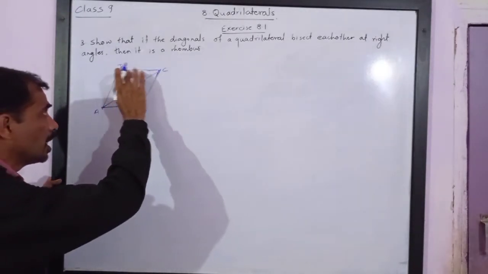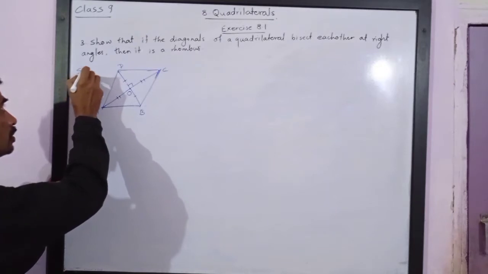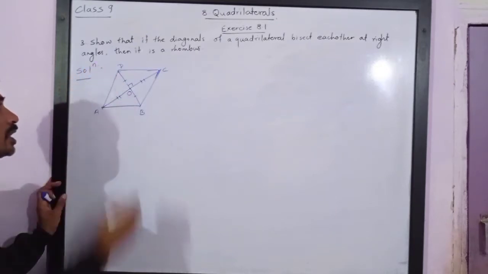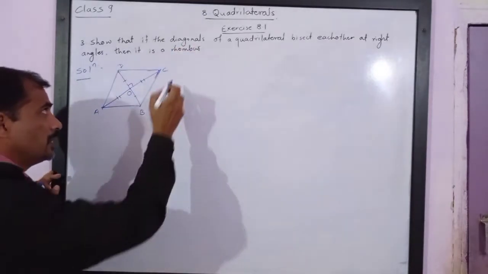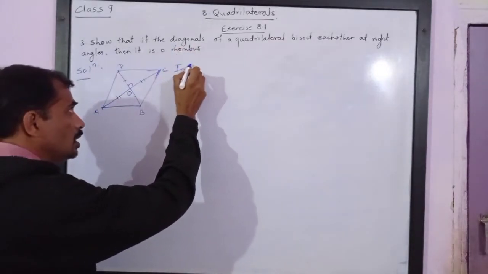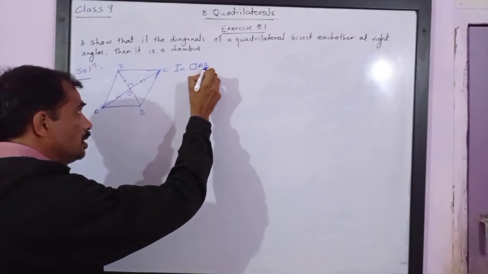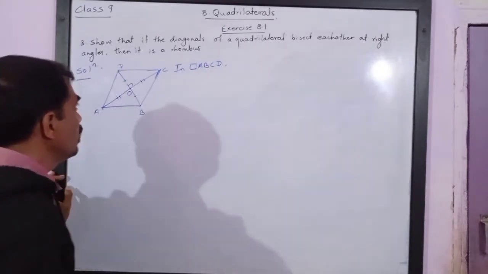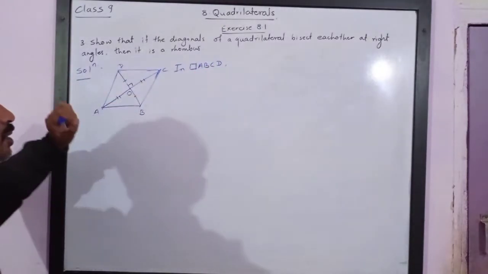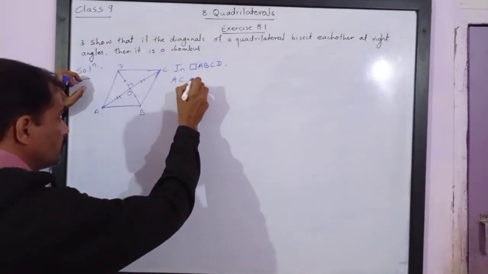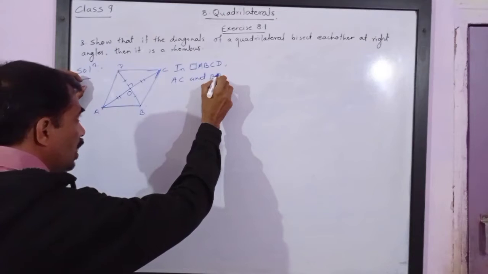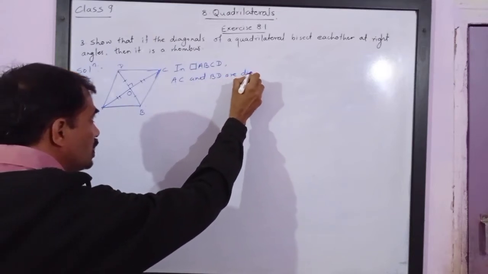Now let us see how it can be proved. So first let us write the given things. In quadrilateral ABCD we are given that the diagonals bisect each other. AC and BD are diagonals.